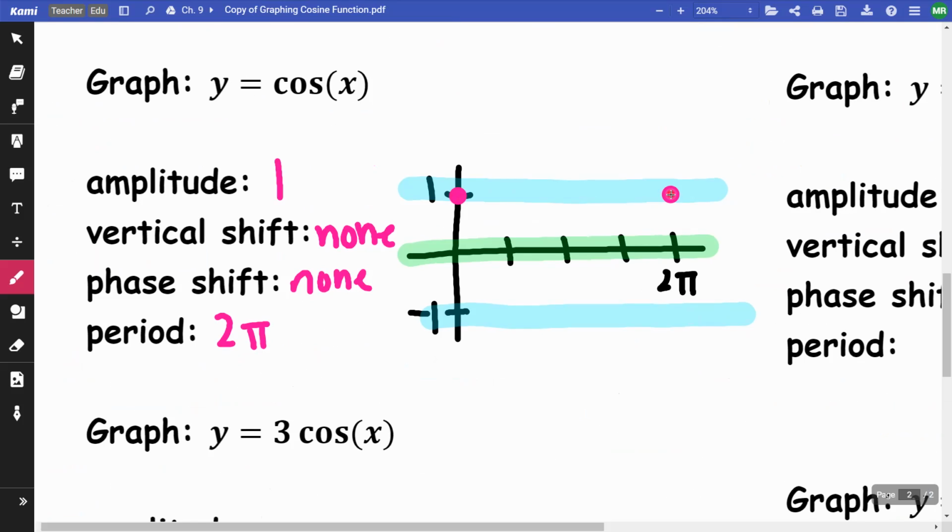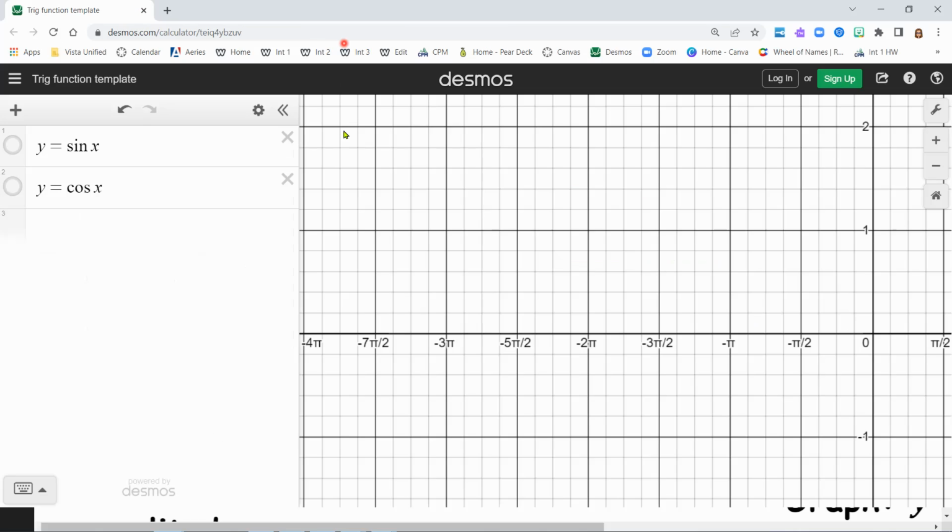So I kind of think of this as high to high, or low to low if it's a negative cosine. Now, halfway in between, I'm down at my low. That was my -1. And then between here is my 0 and again, my 0. Now, to draw this, let me just demonstrate real quick on Desmos.